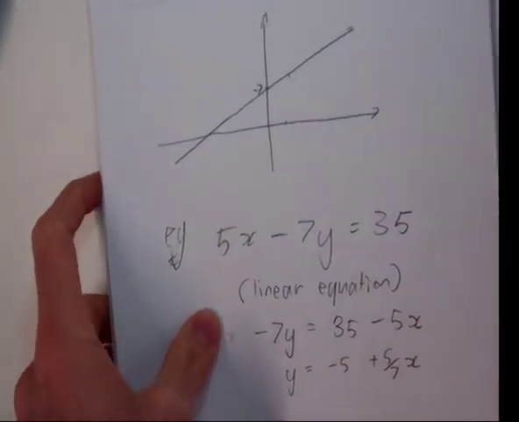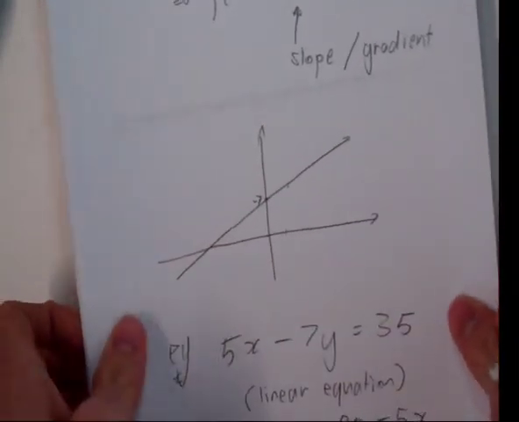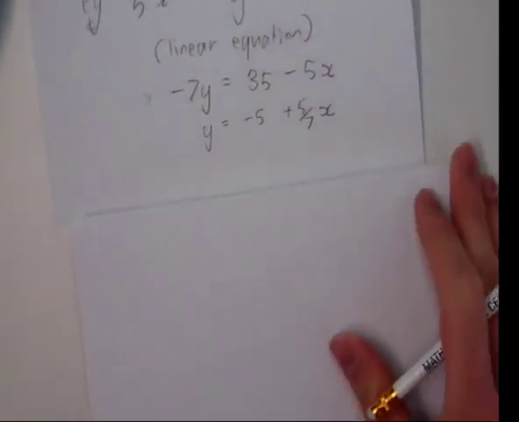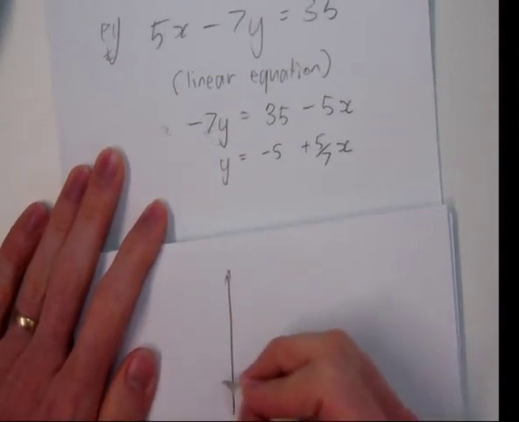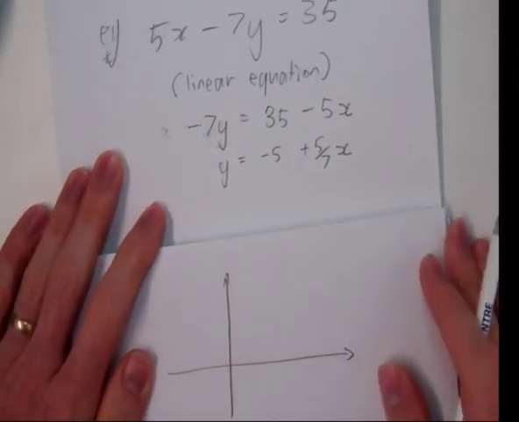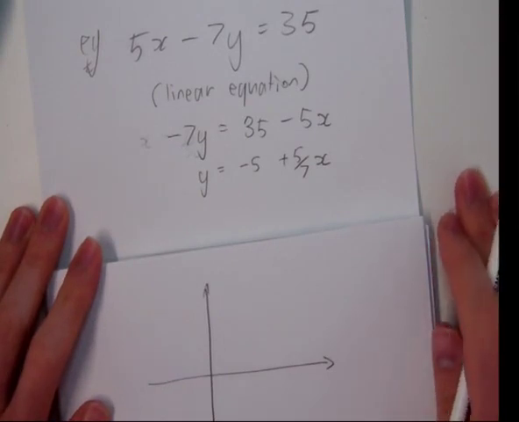So especially in economics, you don't need to rearrange it to draw the graph. You can instead do this and say, well, if I can figure out where it meets the x-axis and the y-axis, I can draw my graph.